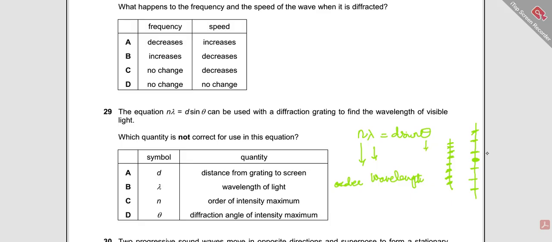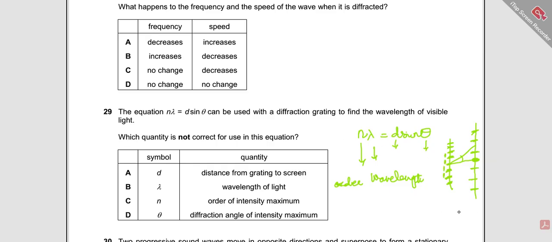And then theta would be the angle at which you get the order of maxima or minima on the screen in front of you. This D, specifically in the case of a grating, is the separation between two adjacent gratings or slits, right?